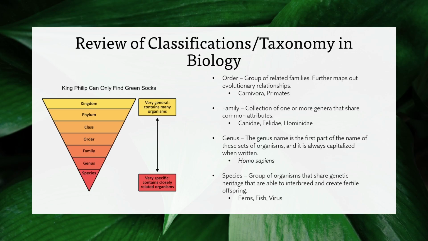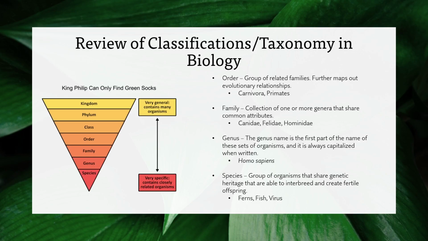Species. We all know what a species is: a group of organisms that share genetic heritage that are able to interbreed and create fertile offspring. So you can think of a couple: ferns, fish. The one that probably none of you thought about, and even when I created this, I didn't think about until doing some research, is viruses. Viruses kind of escape your mind because you know they're existing living things, but where do they fall in all this?